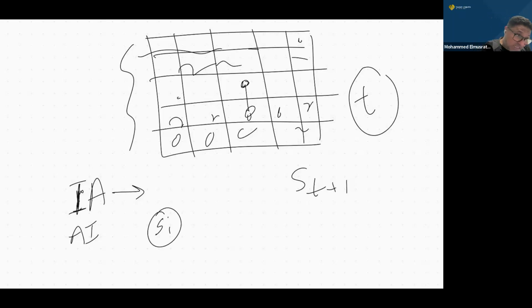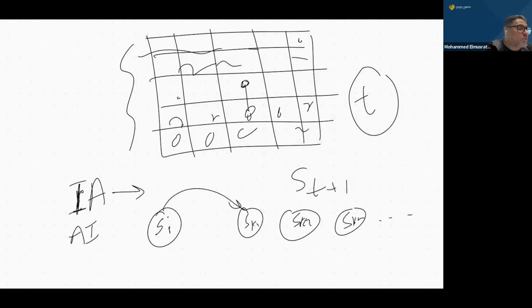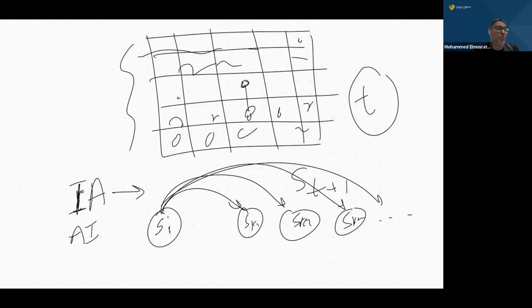You can go from state I to, for example, state K1 or K2 or K4, and so on. You don't know which state, but for each state you will have a certain probability, because you can guess the probability that your opponent will play that movement.